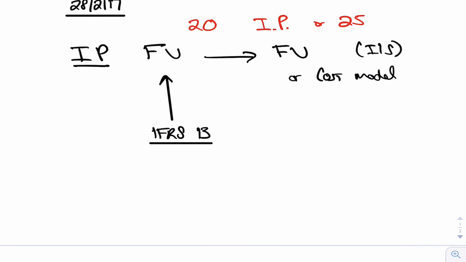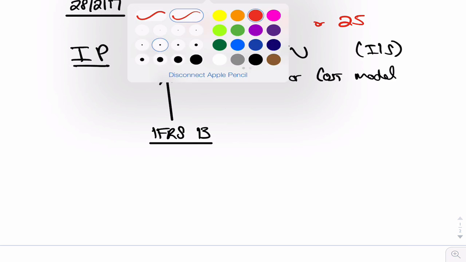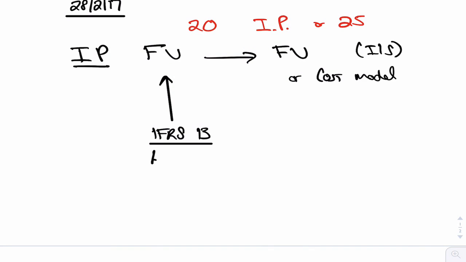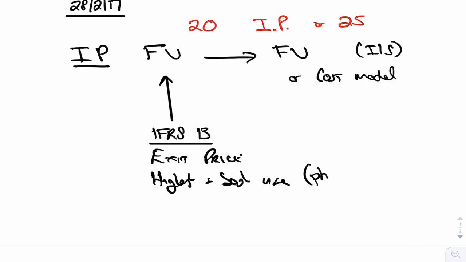And so this is your chance to say, well, fair values according to IFRS 13, they are as follows. It's an exit price in a market. It's the highest and best use if it's a non-financial market asset. And when we say that, it's got to be physically possible, legally possible, financially possible.